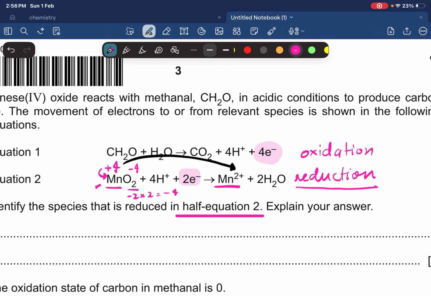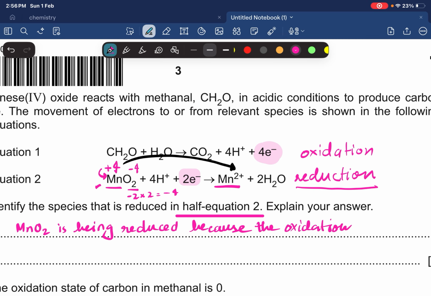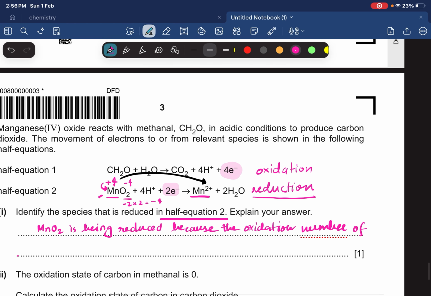The species is simply MnO2 is being reduced. Why is it being reduced? We're going to tell because the oxidation number of Mn reduces from a +4 in MnO2 to a +2 in Mn2+.